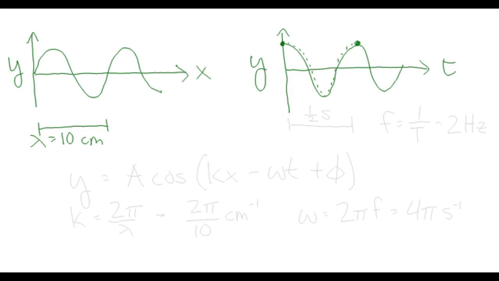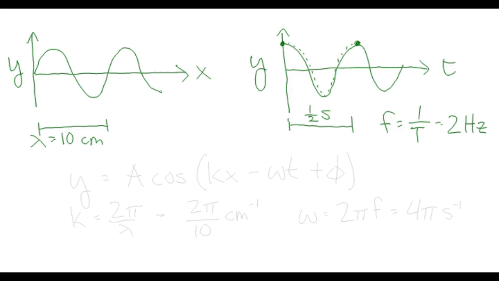So this again is a snapshot graph for any one spot on the wave. Now what we know is that the period is half a second, because the frequency is 1 over the period, and we were given that it's 2 hertz. Therefore, the period must be 1/2.